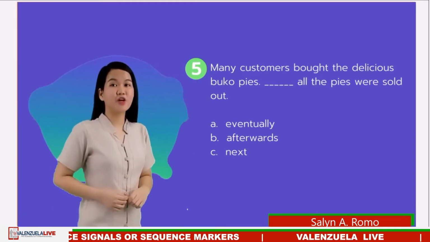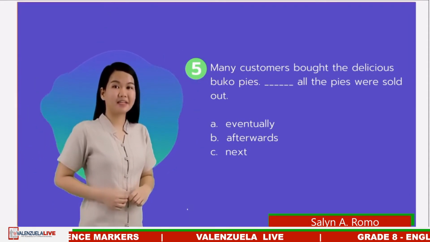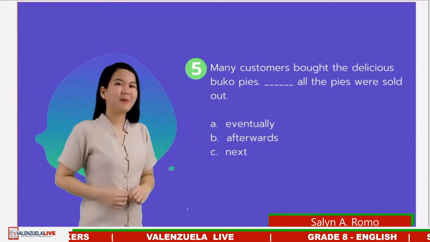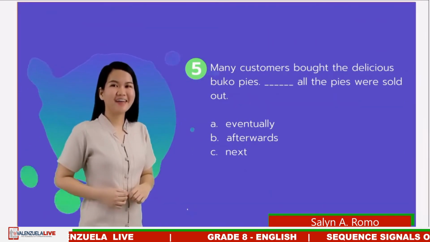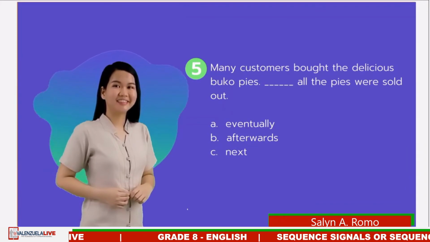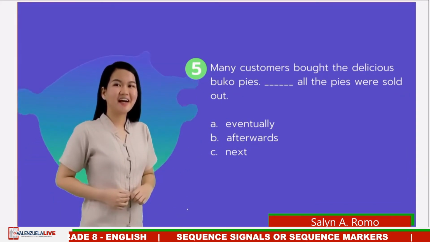For the last number, number 5, many customers bought the delicious buko pies. Blank, all the pies were sold out. The choices are A, eventually, B, afterwards, and C, next.